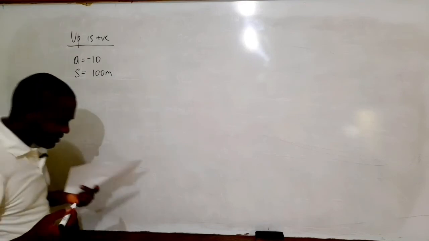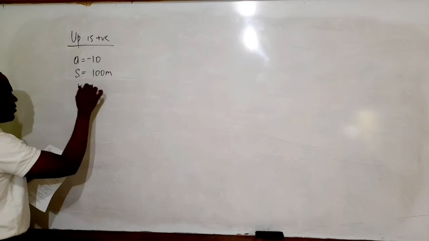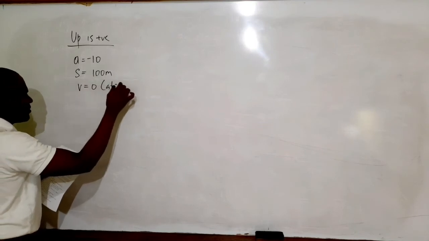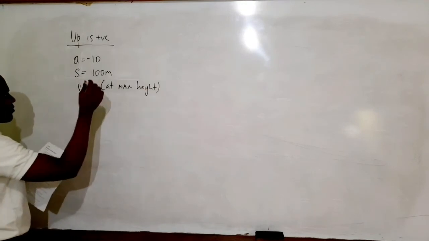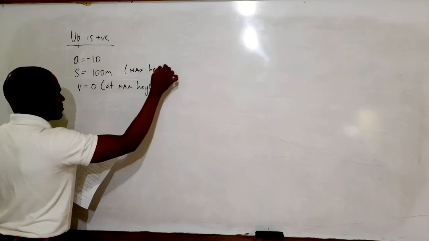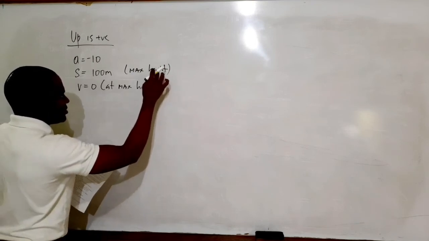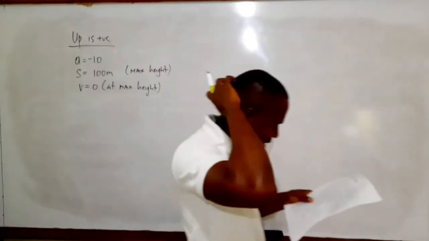And of course we know that at that height, v is equal to 0 at maximum height. So this s of course is the maximum height.